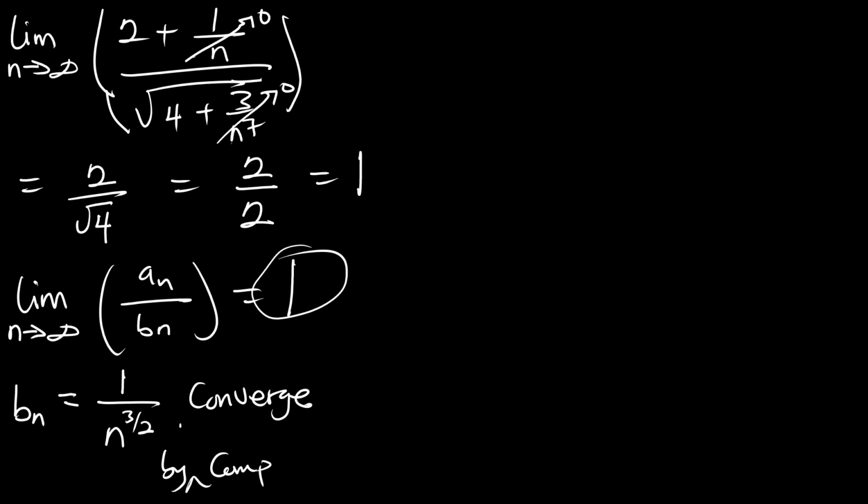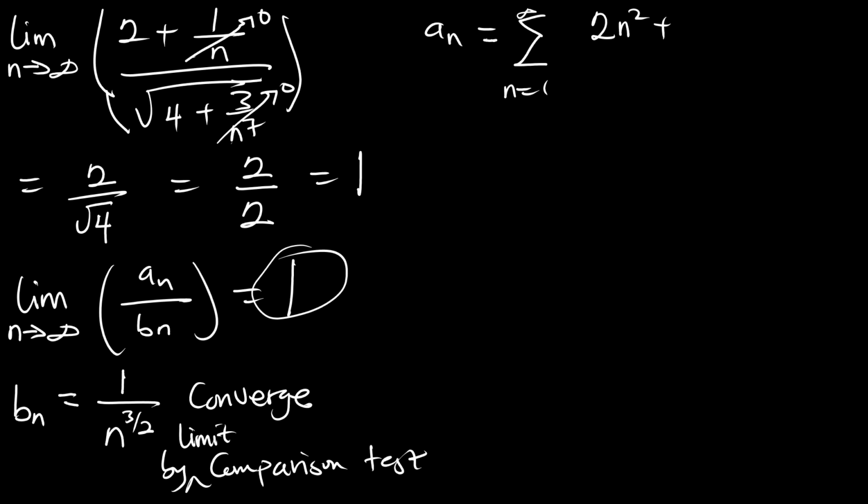This is limit comparison. By the limit comparison test, then our an, which is the summation of n equal to 1 to infinity of 2n squared plus n over square root of 4n^7 plus 3, is going to what?